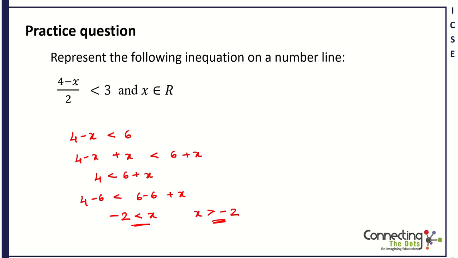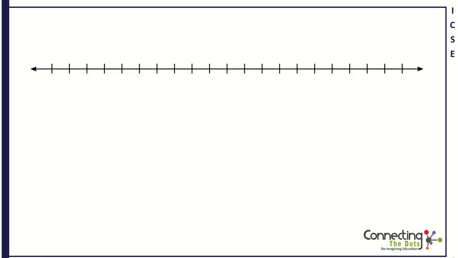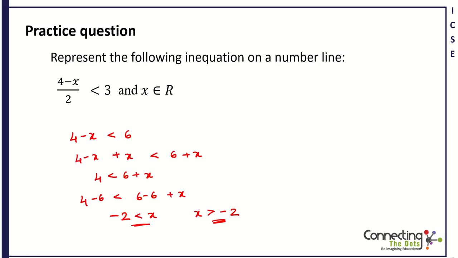And how do we represent this on a number line? We can say that we start with a 0 here, and if this is -1, -2, and then we have 1, 2, 3, etc. See that we have concluded that x should be greater than -2.